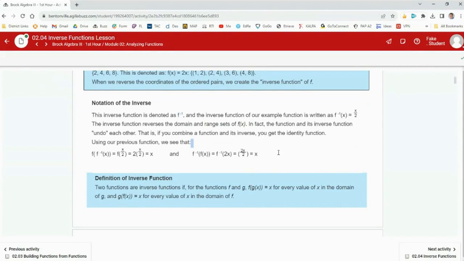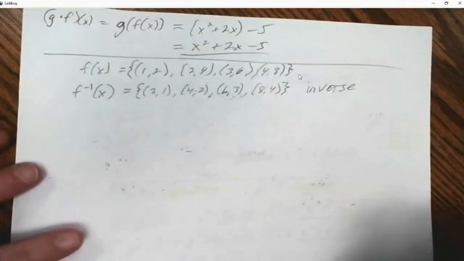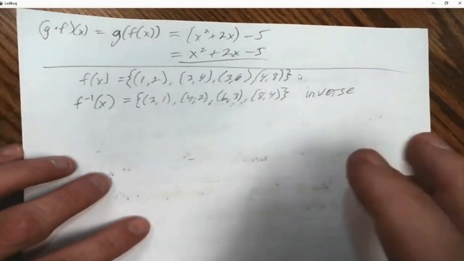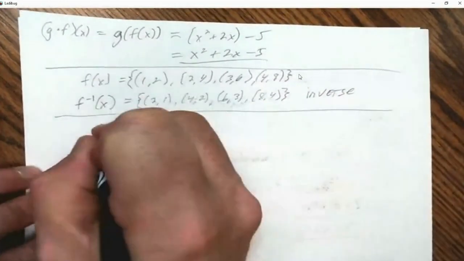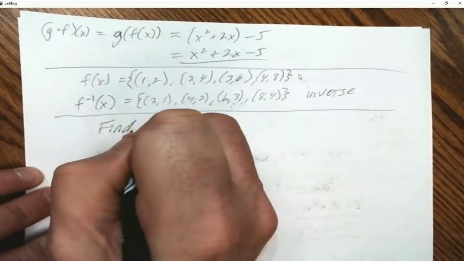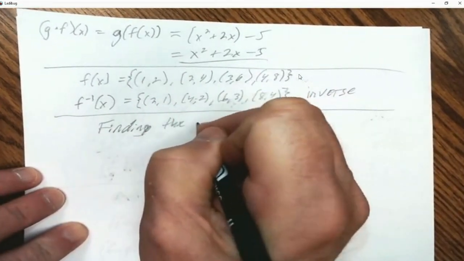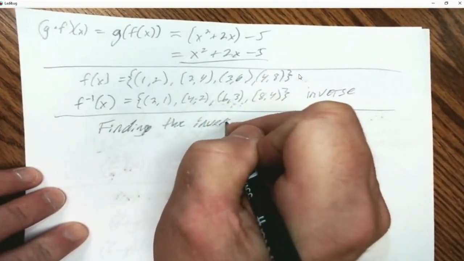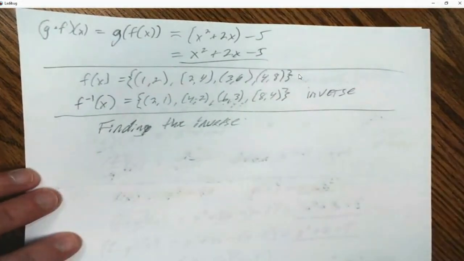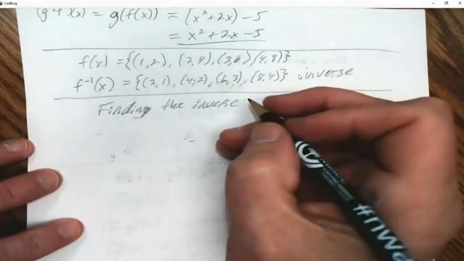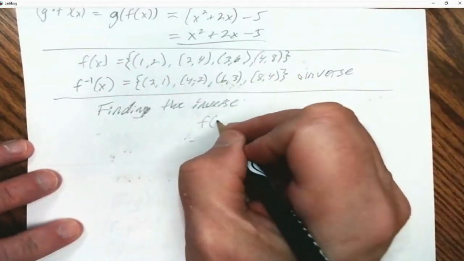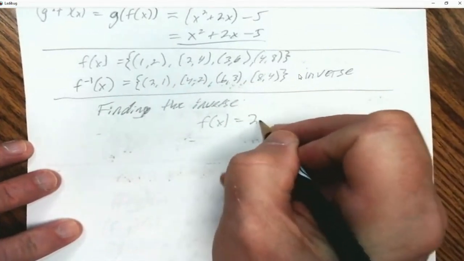So how would we find the inverse function for that? All right, so there are steps to finding the inverse. This is good to have in your notes, unless you remember this really well from Algebra 2. Finding the inverse. Let's look at the same function we've been looking at here, f of x equals 2x.